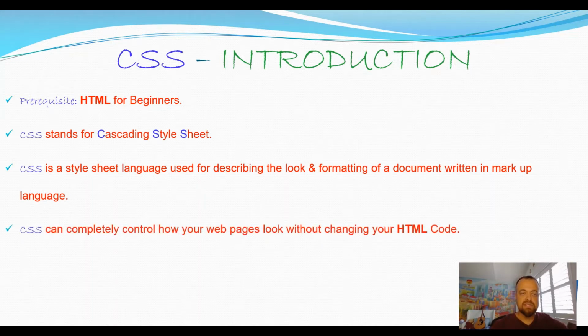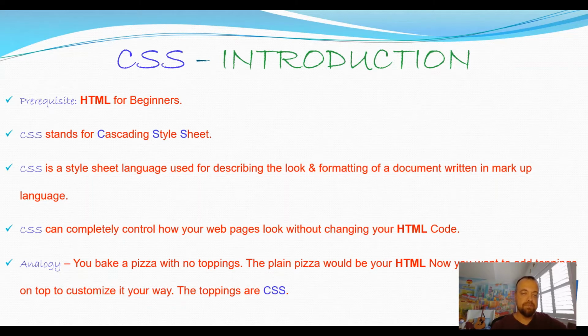Fourth, CSS can completely control how your web pages look without changing your HTML code. So you can write your HTML code and then apply the CSS to change the look of your HTML, but not the content of it, if that makes sense. And for an analogy, think of CSS like making pizza.